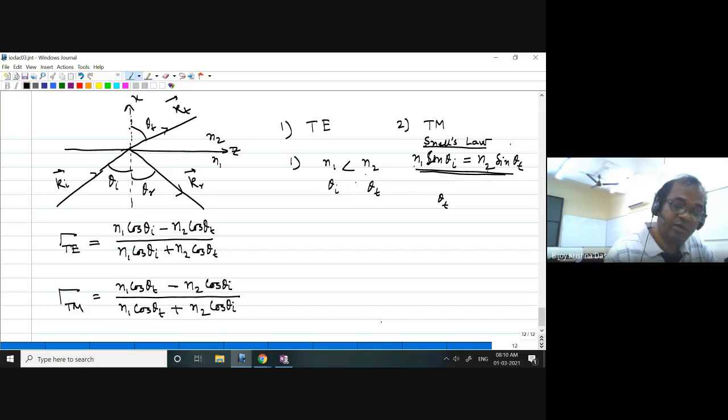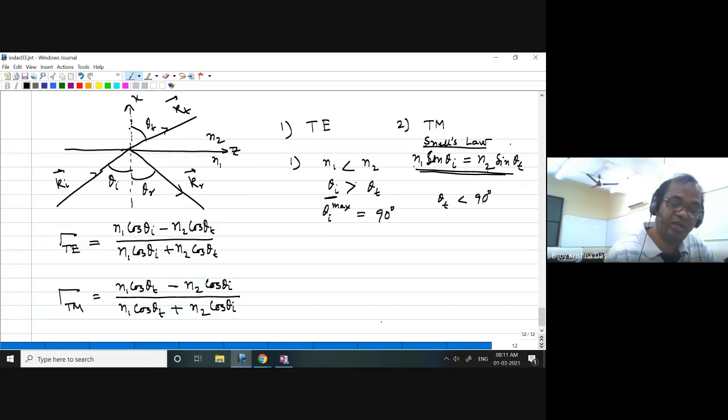If N1 is less than N2, that means theta I is greater than theta T. So theta T is always less than 90 degrees. Is that clear? Theta I can be a maximum of 90 degrees, and the minimum is 0.